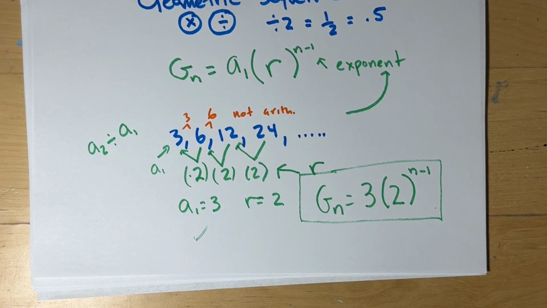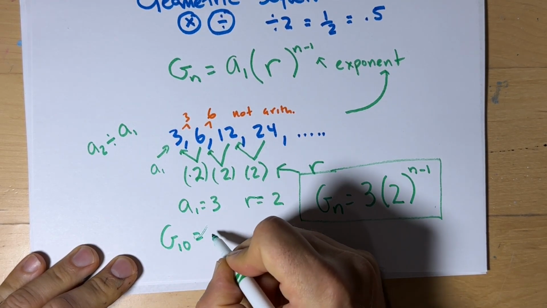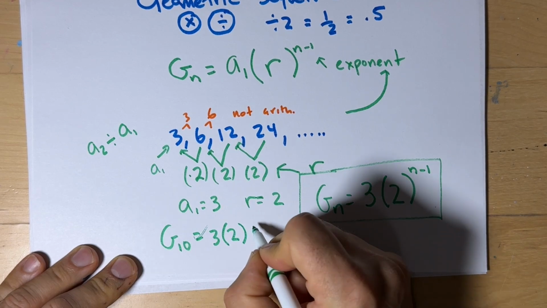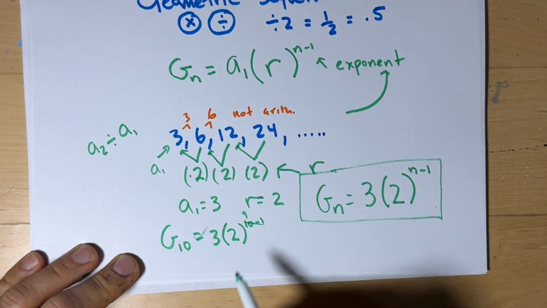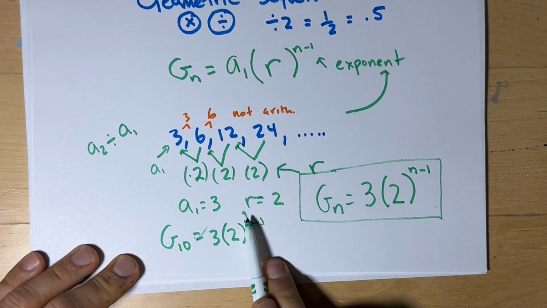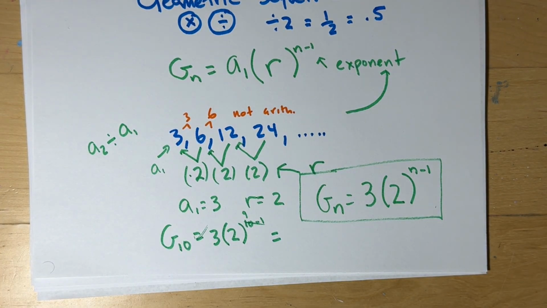So let's say I want to find the 10th term. G to the 10 will be 3 times 2 to the power of 10 minus 1, or 9, because we're multiplying the first term and then 9 times more to make 10. Let's see what that is.